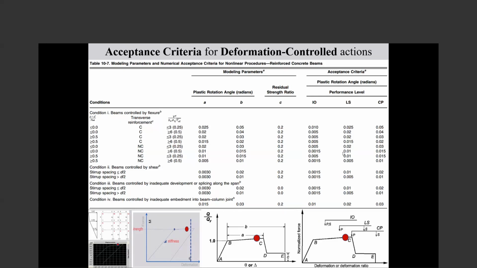So they don't need those kinds of acceptance criteria that are not provided. They say that you just push, and check that if you go 1.5 times the target displacement, the building is still stable, and at the target displacement, if, as I mentioned, the drifts and the stress ratios are less than 1.2, it is over.